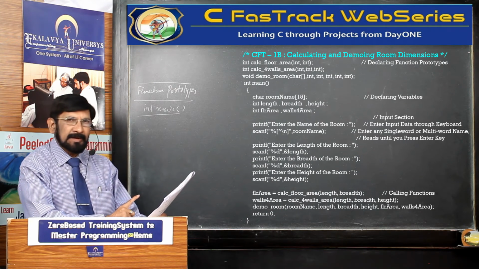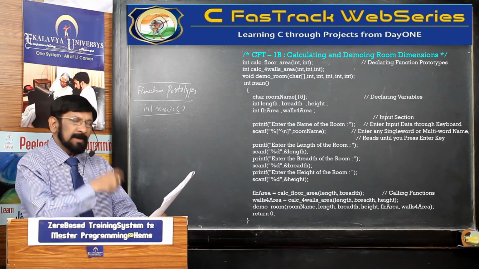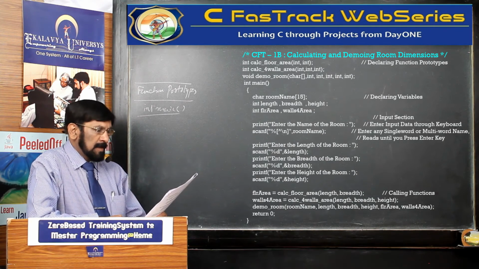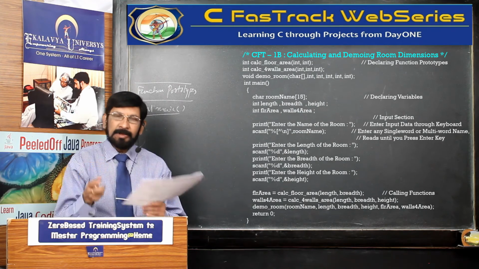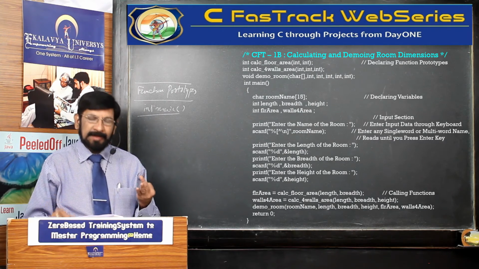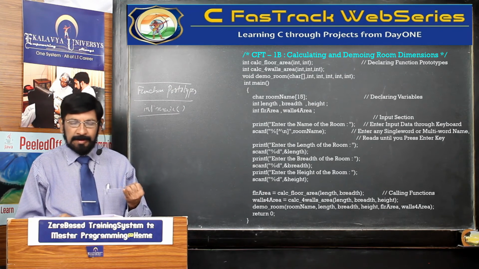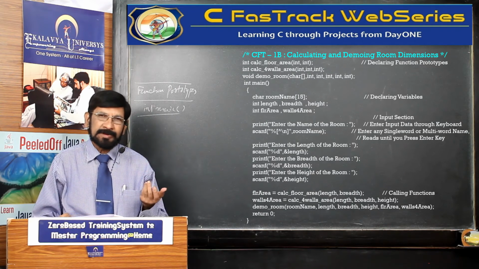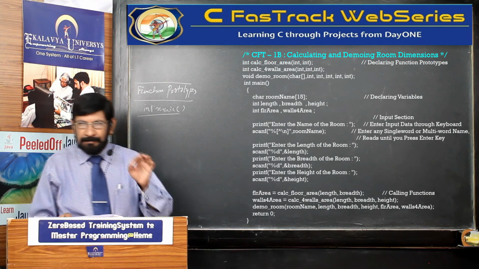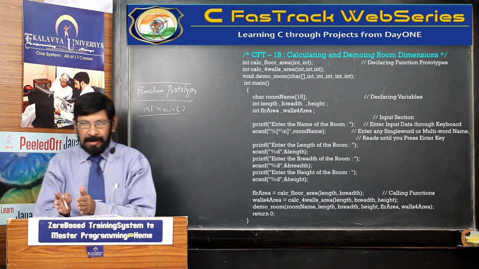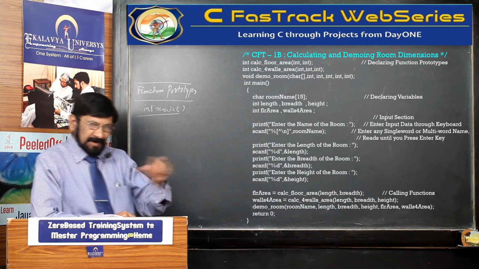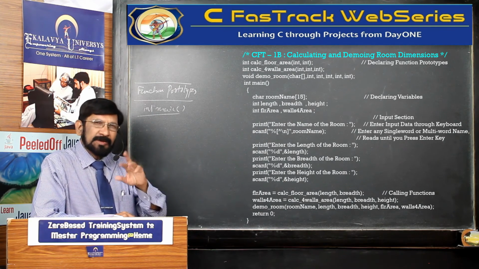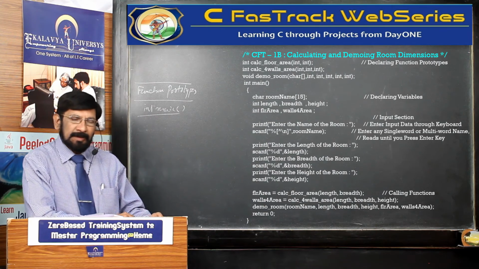That's why we are not defining any variable to store a value. Here, what do we have to pass? We have to pass room name, length, breadth, height, floor area, and 4 walls area. All that we are writing. Compare prototype and function calls. By that, you can understand the difference. Otherwise, you may commit some mistakes.